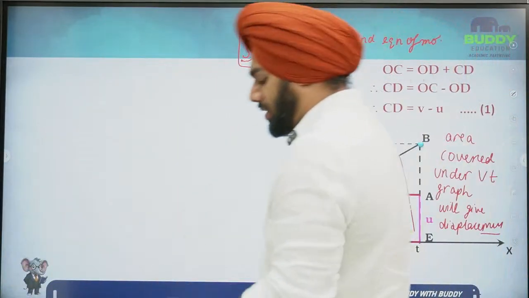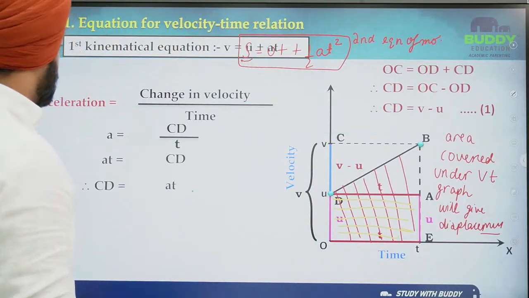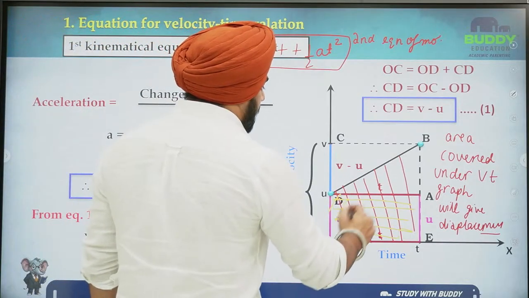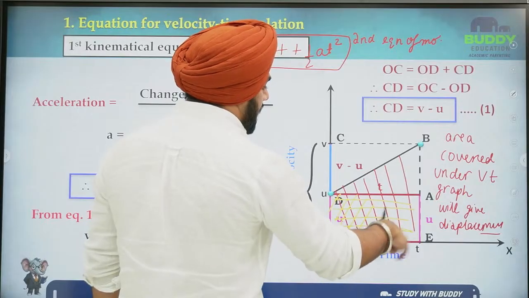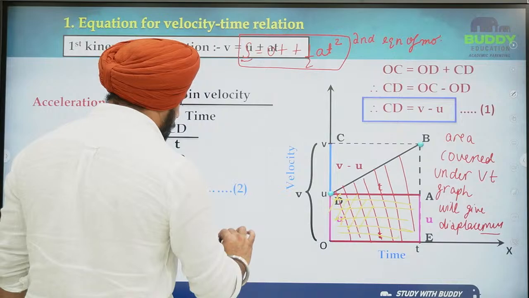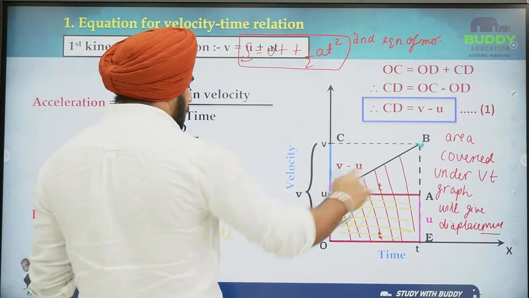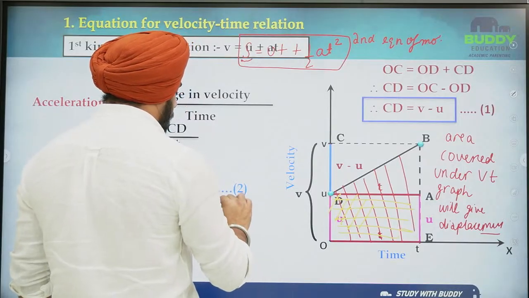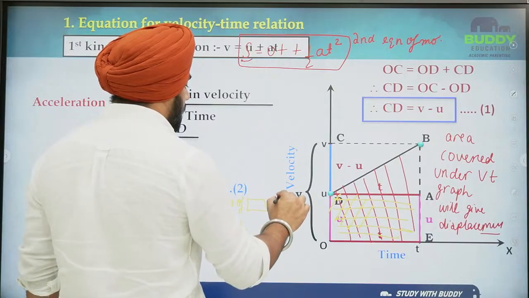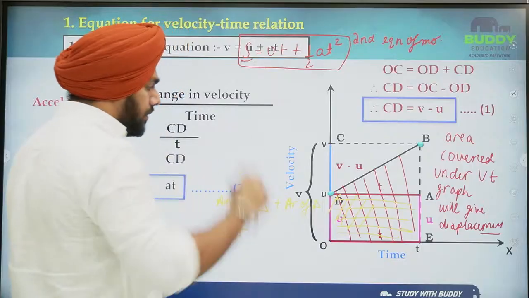So what exactly is the total displacement? Take a look. This area is ut, so ut is the area covered under the rectangle part. Now plus the area of the triangle, right?